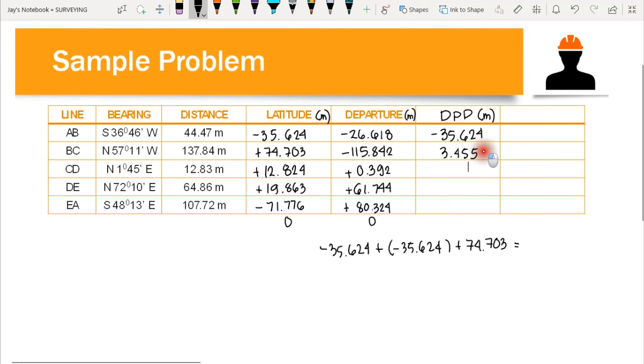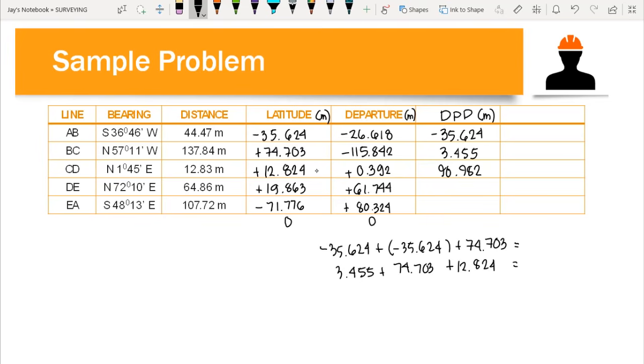So using the same procedure, we add 3.455 plus the latitude of the same line, which is 74.703, plus the latitude of the succeeding line, which is 12.824. So we have 3.455 plus 74.703 plus 12.824. This equals 90.982.